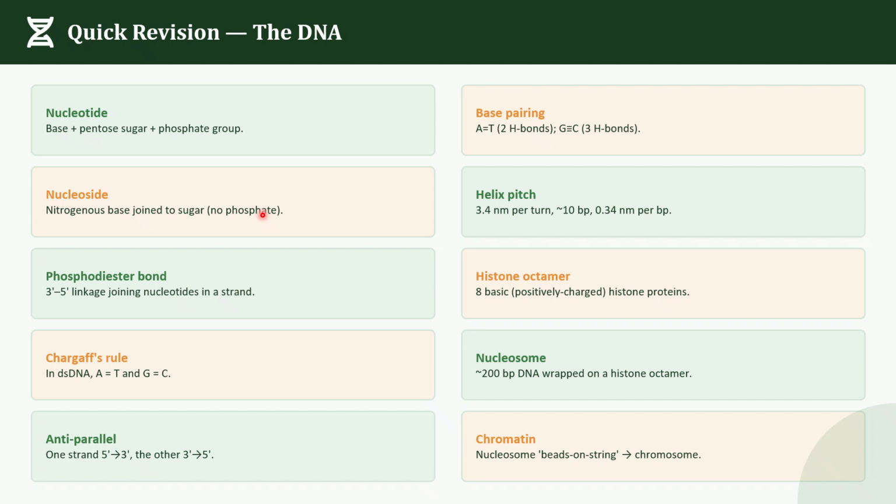Individual nucleotides are joined by 3'-5' phosphodiester bonds to form a polynucleotide chain. The sugar and phosphate form the backbone, while the nitrogenous bases project inward. DNA consists of two anti-parallel strands. One strand runs from 5' to 3' and the other runs from 3' to 5'.